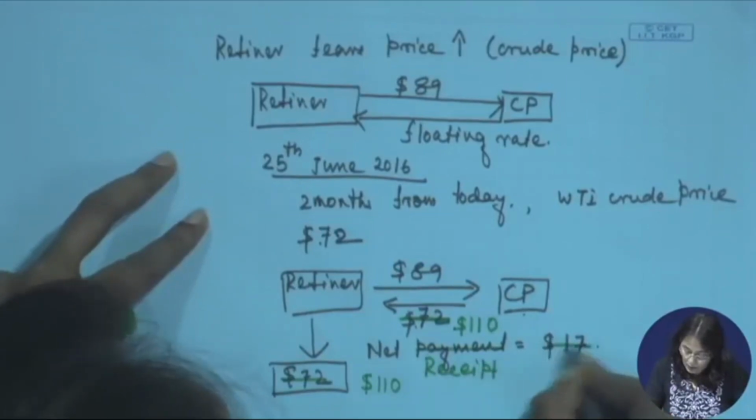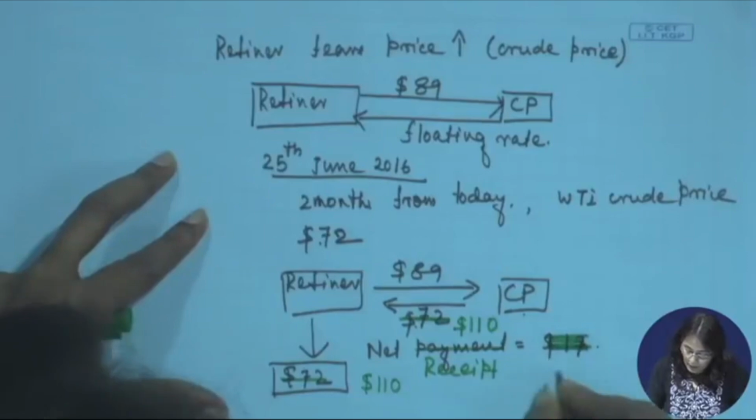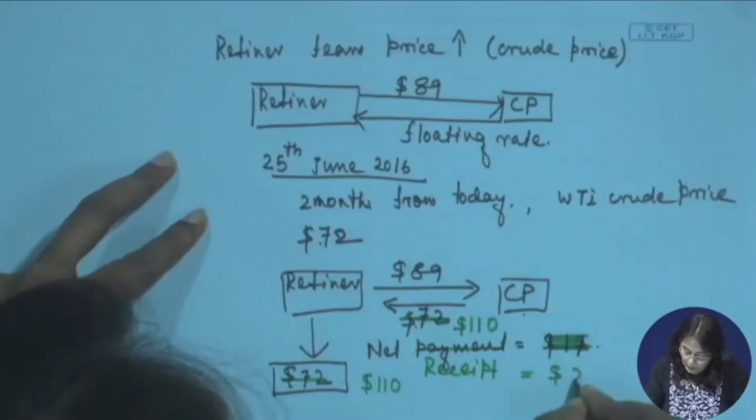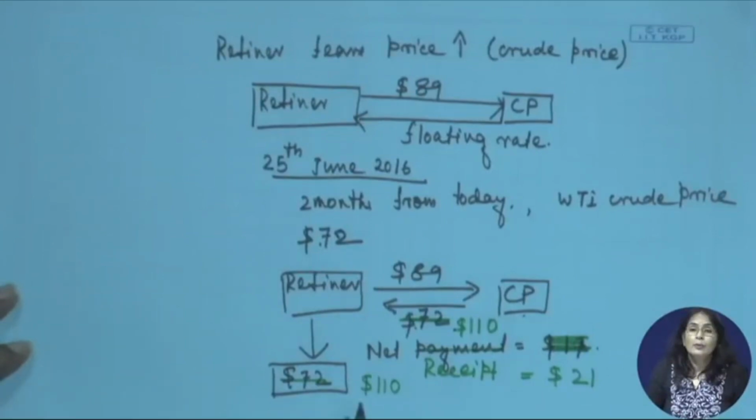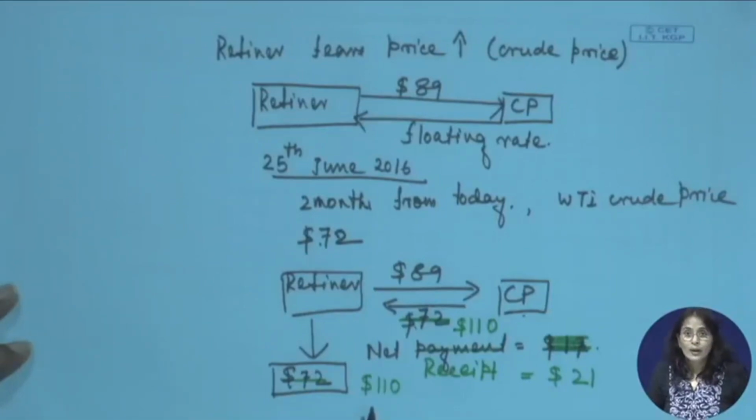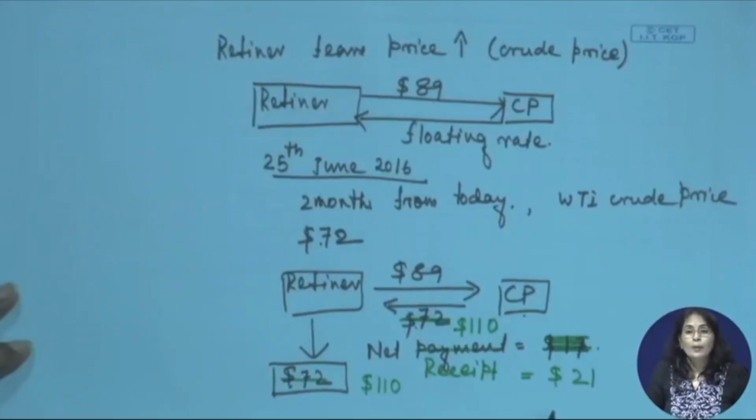to the tune of $21. So the refiner is going to get a net receipt of $21. He will be buying crude oil from the spot market at a higher price, so $110 he will pay. Simultaneously, he will be receiving $21 from the counterparty and incurring a net payment of $89 for its crude oil purchase.